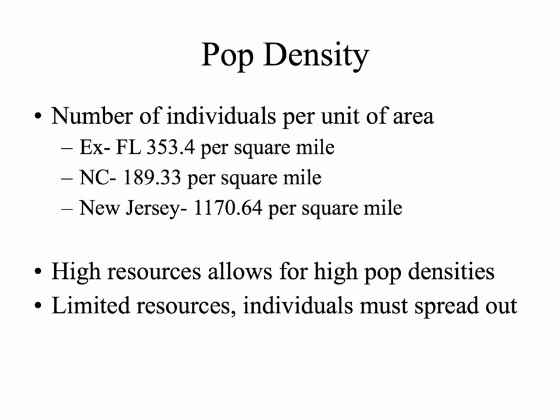Last I checked, New Jersey was the most dense state with 1,170 people per square mile. Remember, for population densities to be so high, there have to be high resources allowing for that many people or that many organisms to be in one area. If the resources are limited and there are few things, individuals must spread out to get what they need.